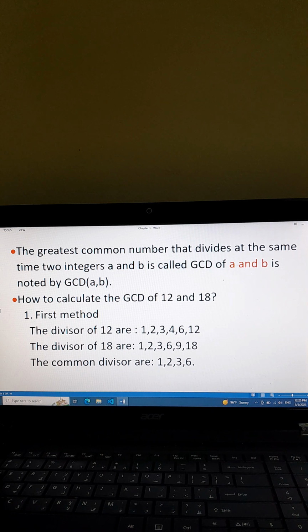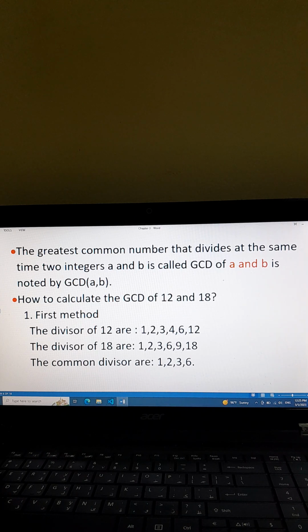How to calculate the GCD of 12 and 18? First method: the divisors of 12 are 1, 2, 3, 4, 6, 12. All these numbers divide 12. The divisors of 18 are 1, 2, 3, 6, 9, 18.